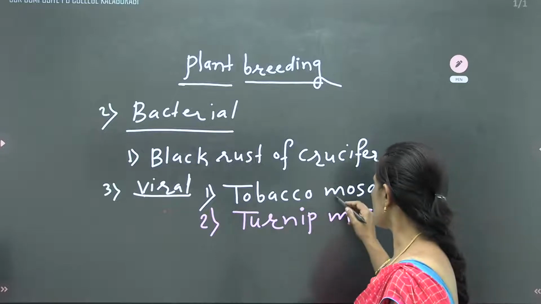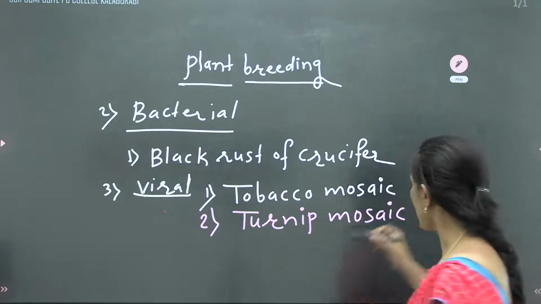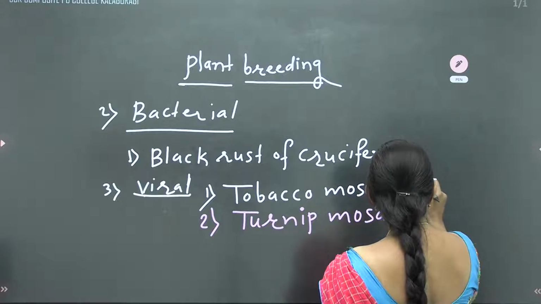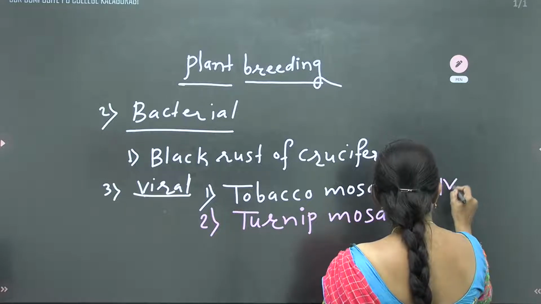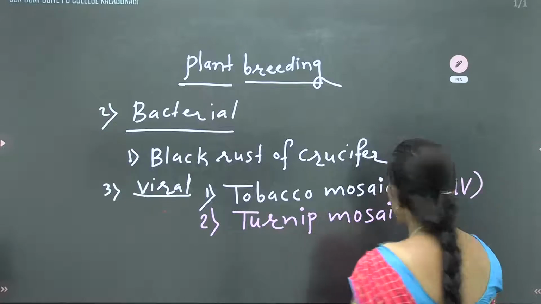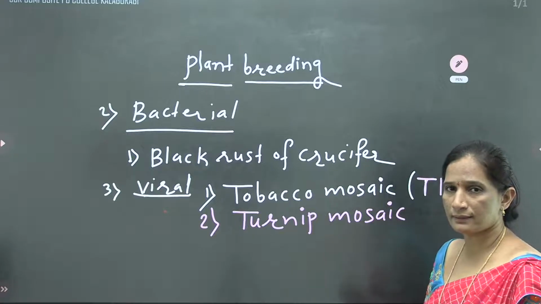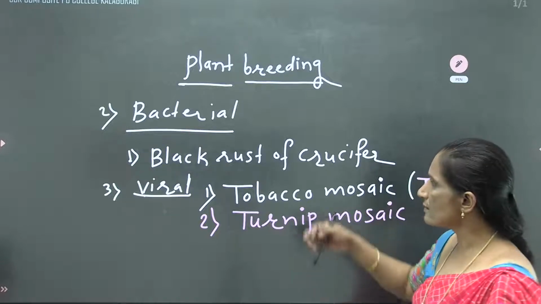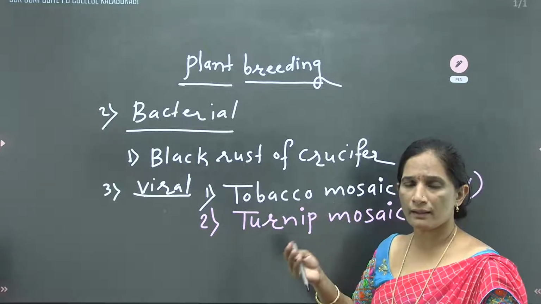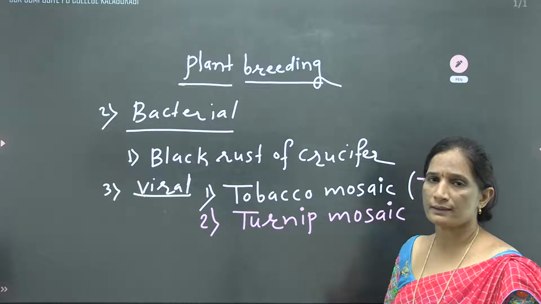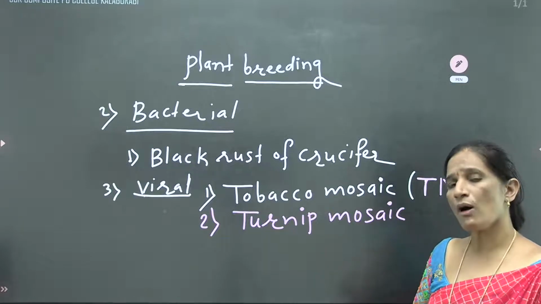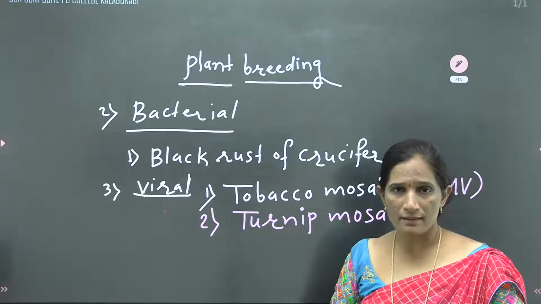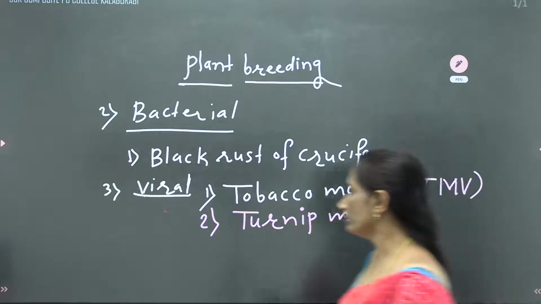Tobacco mosaic is caused by the virus called, in short form, TMV, tobacco mosaic virus. Is it clear? And turnip mosaic virus. So these are some of the fungal, viral as well as bacterial diseases in plants. How we have to produce disease resistant plants, that we are going to study now.